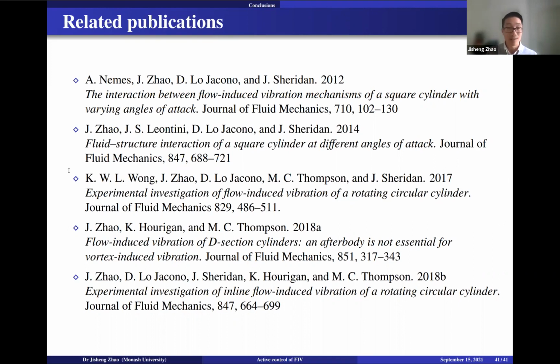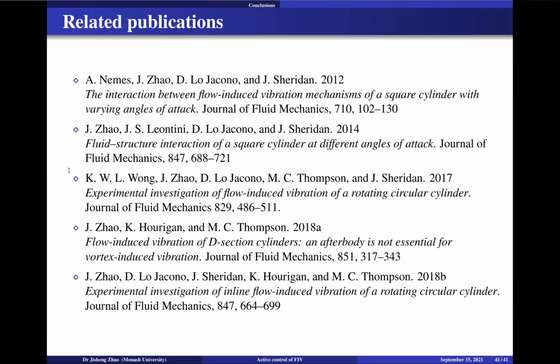Sorry, I didn't present the results from that paper. It's published in JFM last year. Oh, I see. So somehow you can logically come up with controls. Yeah, we could use the body motion to modify the flow structure.